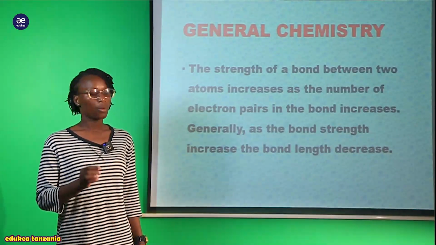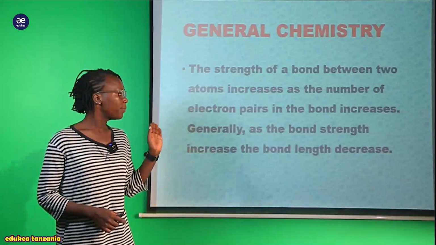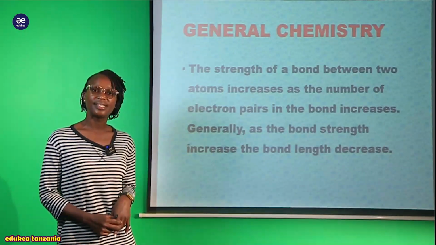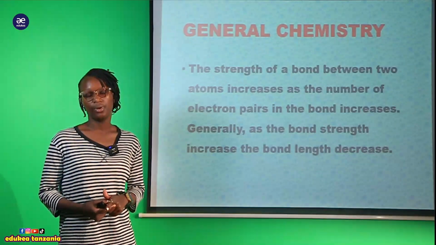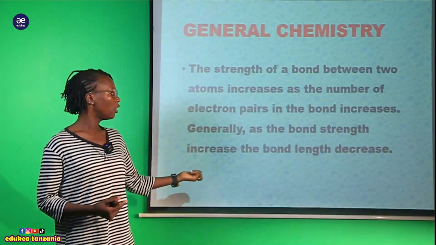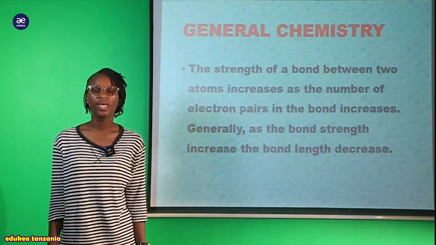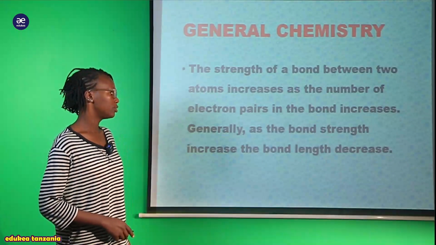I hope that is clear. So when we talk about the length of the bond, it decreases with the increase in the strength of the bond. And if the strength of the bond decreases, the length of the bond increases. I hope that is clear for you.